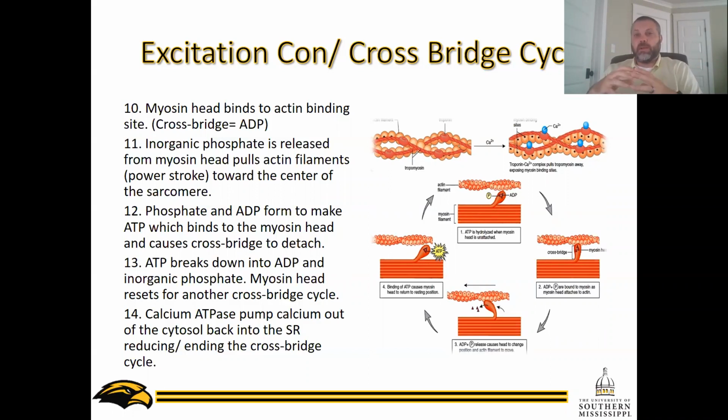So when we talk about things like rigor mortis, when someone dies and their muscles tighten up, this is what happens. You're going to have all this calcium get flooded into the muscle, and then you have that change in the actin itself.